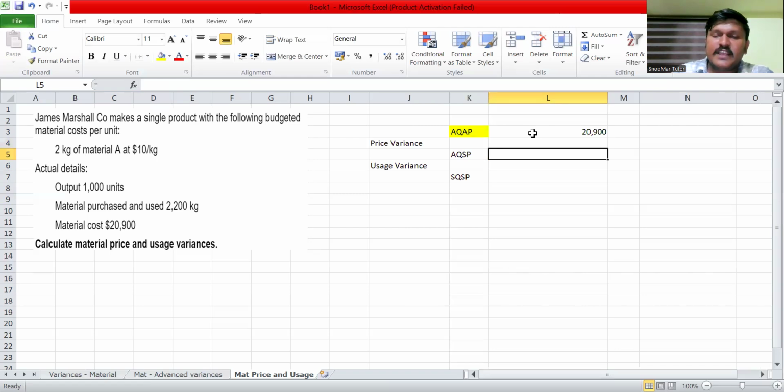Now the question is, what is your actual quantity at the standard price? Let's consider the formula over here. What is your actual quantity? Material purchased and used is 2200 kg.